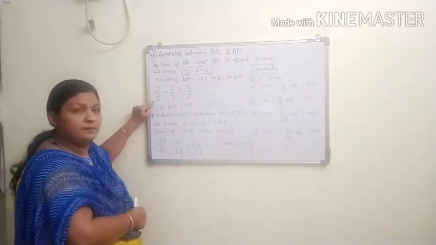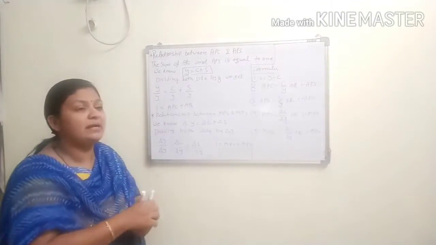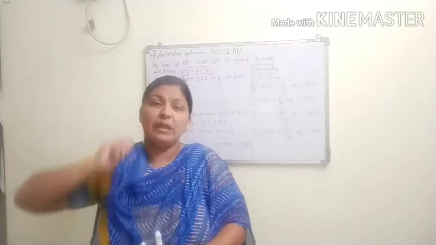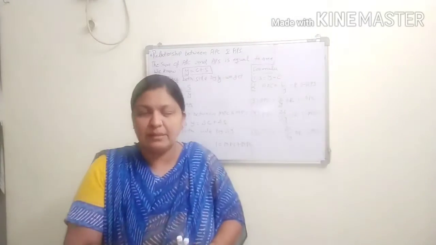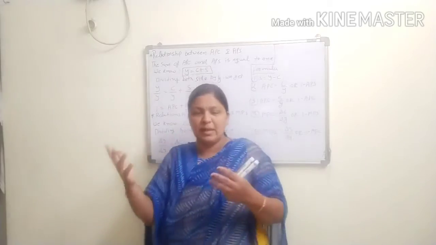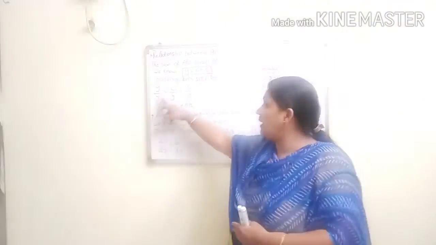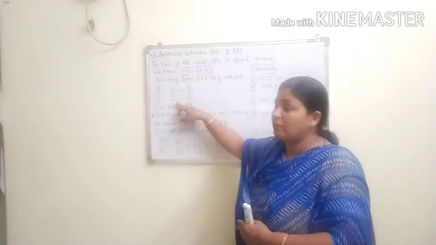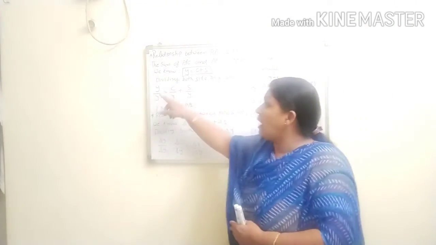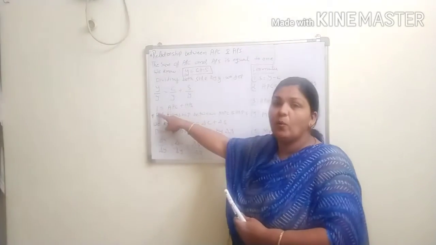So Y upon Y equals C upon Y plus S upon Y. Now Y upon Y, the Y cancels and it becomes 1.